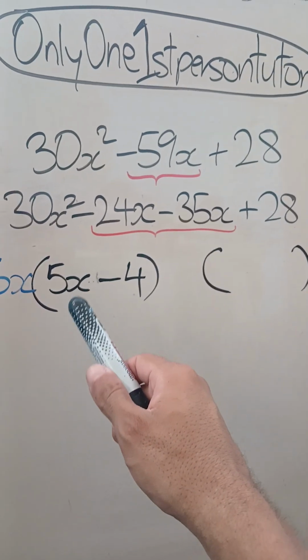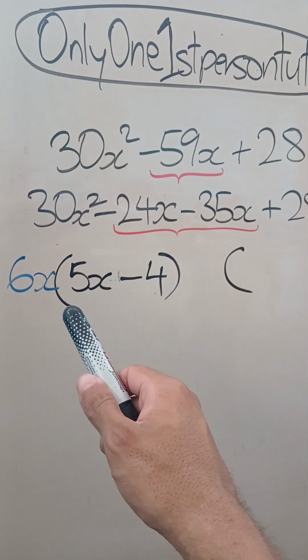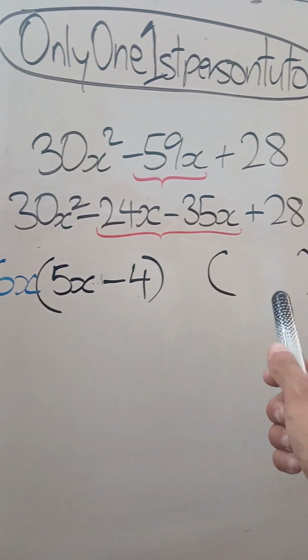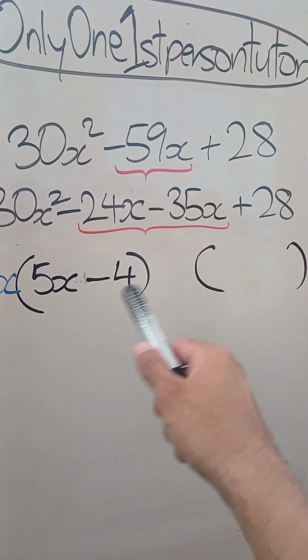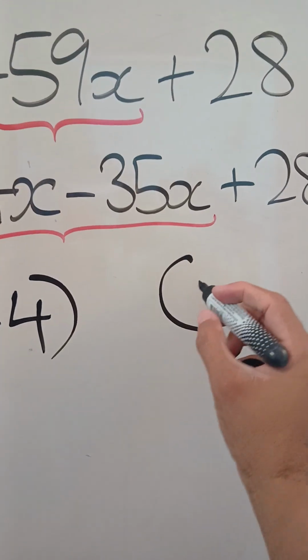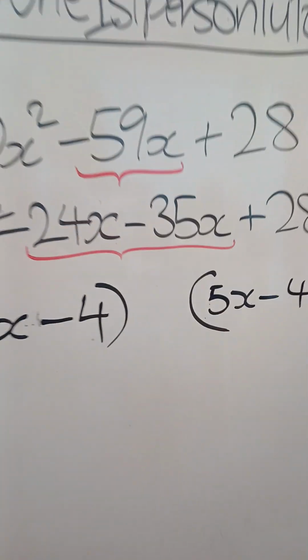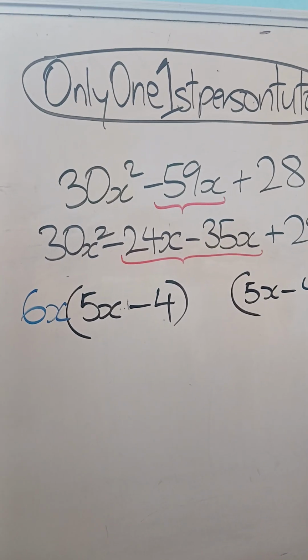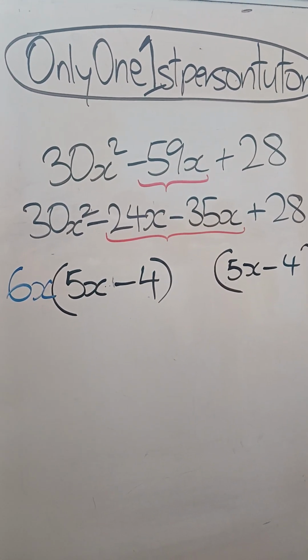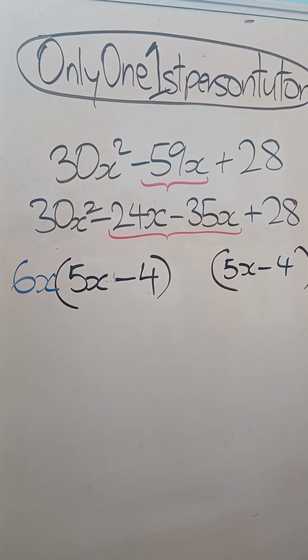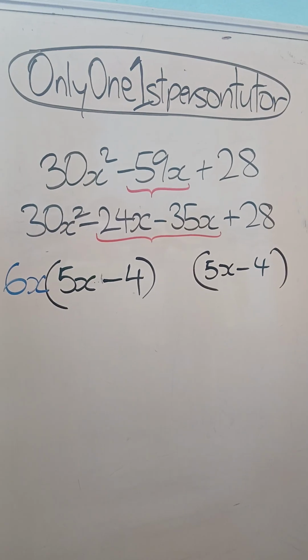All right, now we can copy and paste this over here. So why not? Let's put the 5x minus 4 over there. And I'll tell you why. I will tell you why. So let's just put that over here. All right? So we'll have... Yeah, I think my marker started leaking. Hold on. Okay.